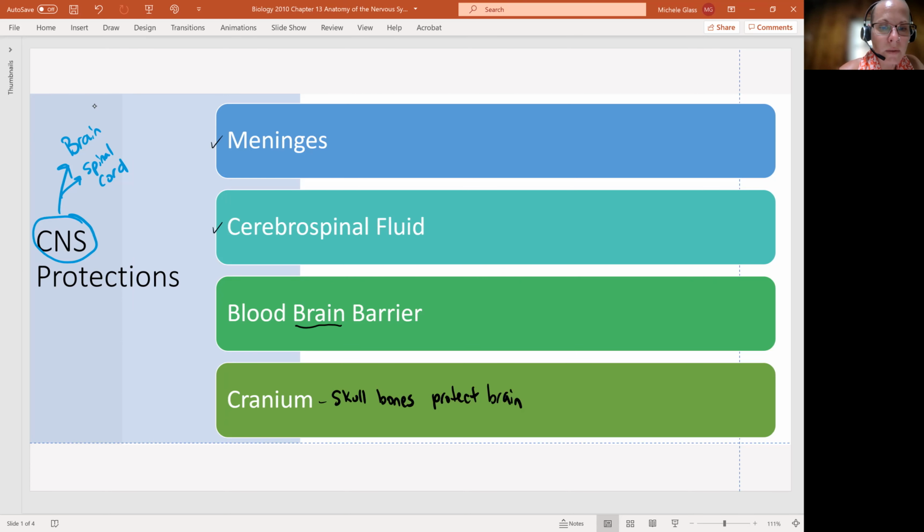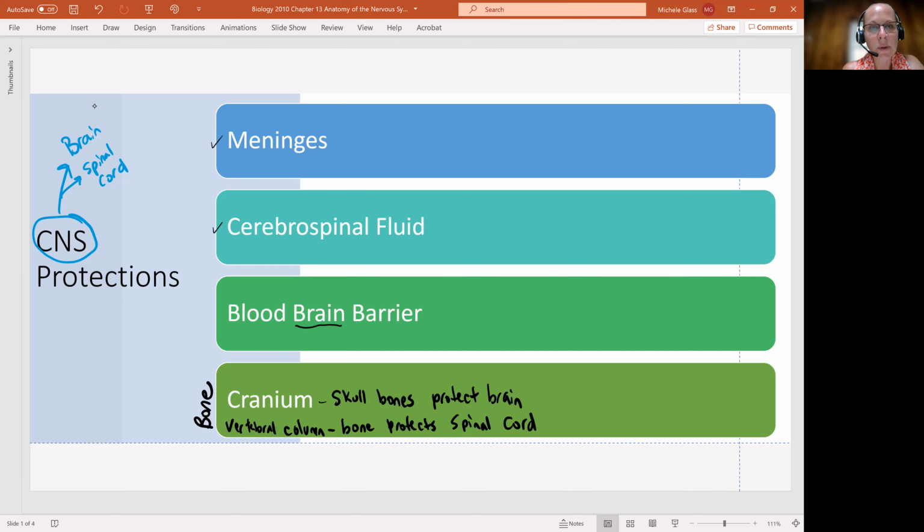Let's go ahead and add vertebral column, to remind ourselves that it's the bone that protects the spinal cord. And so if you wanted to, maybe you could just relabel this whole section here bone as an important protector.